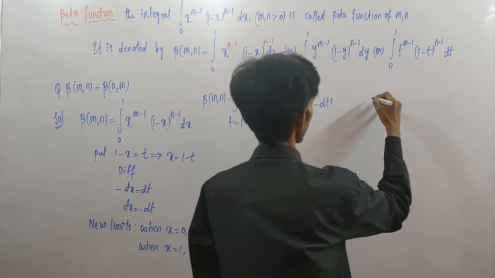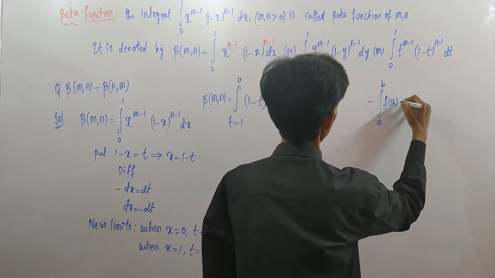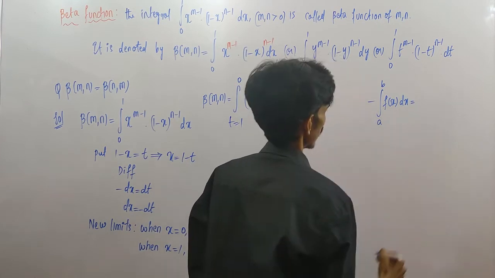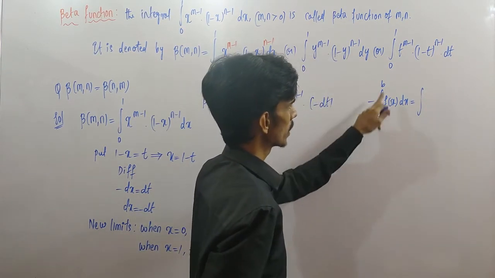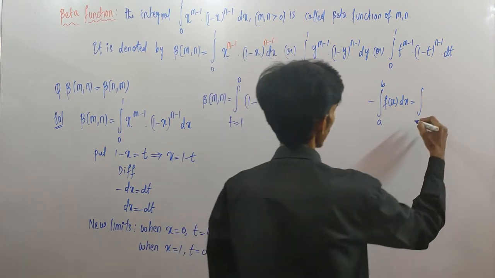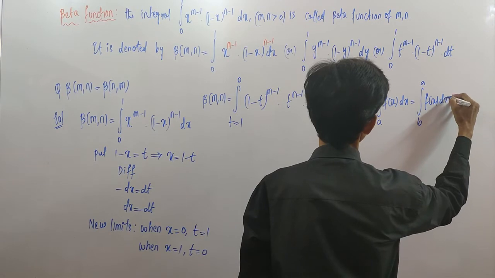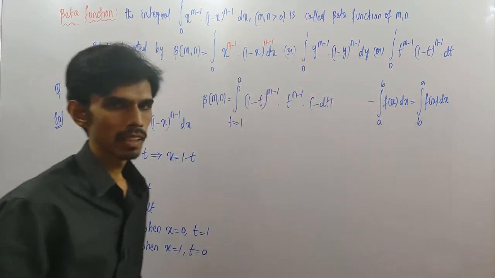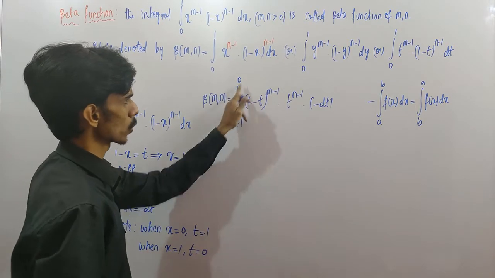We know that negative of integration a to b f of x dx value is, this negative sign will interchange these two limits. So it will become b to a f of x dx. Similarly, this negative sign will interchange these two limits.